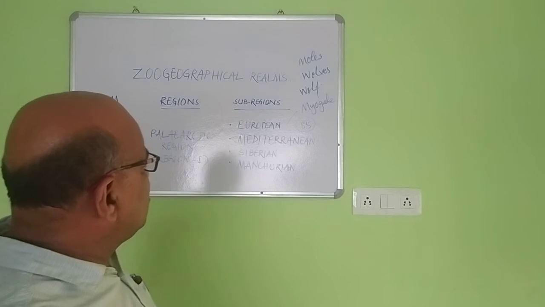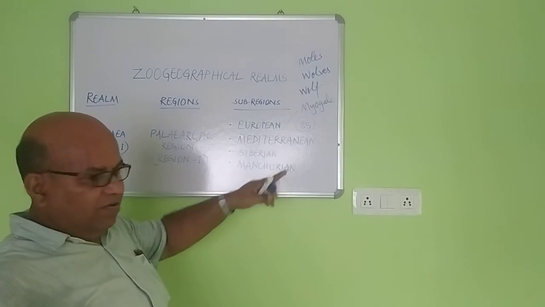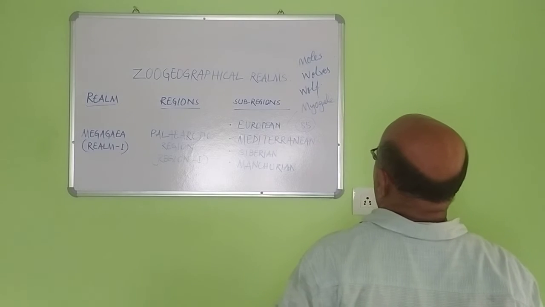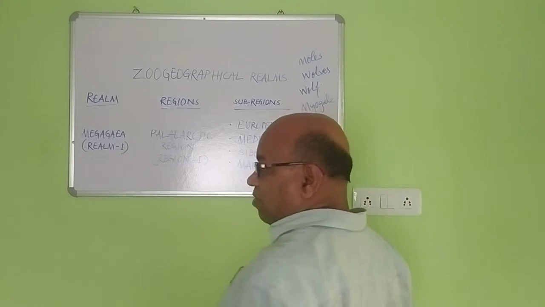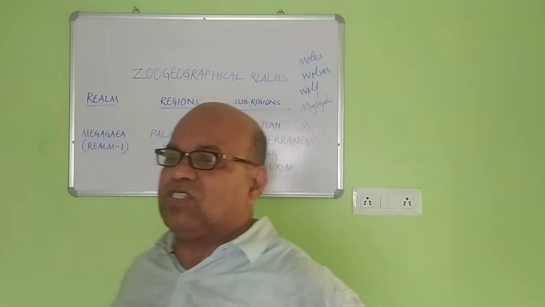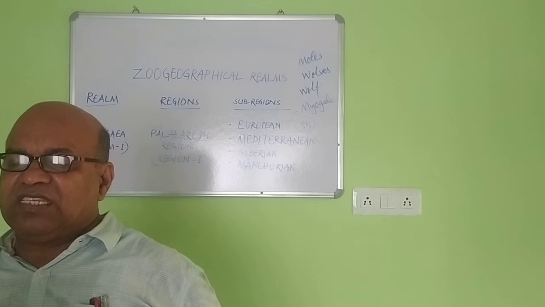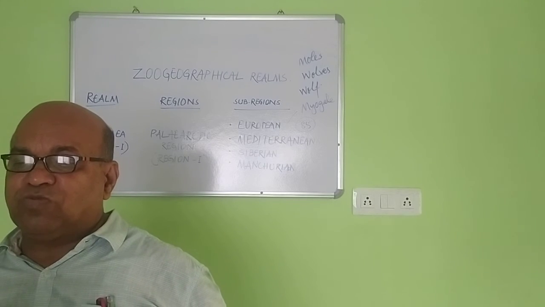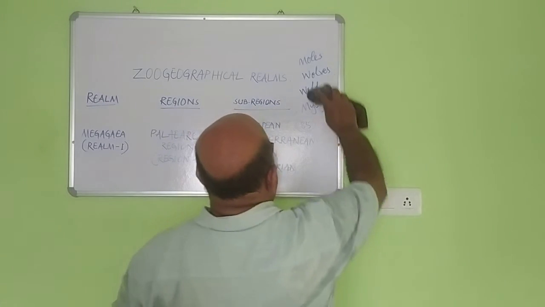How many families remain in the European region? 85, and among the 85, Myogale is a very important one. After this you also find wolves and moles, along with birds named tits, T-I-T-S, and wagtails, which are also birds, generally seen in this locality.